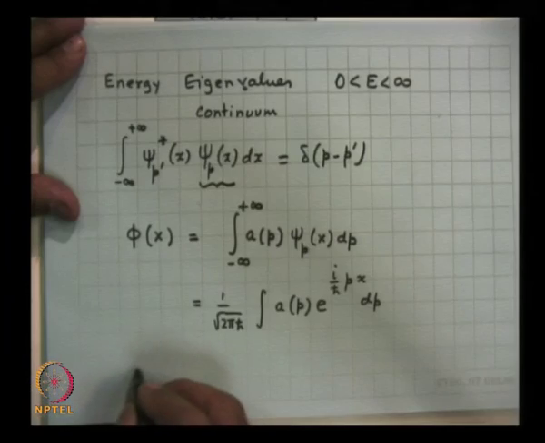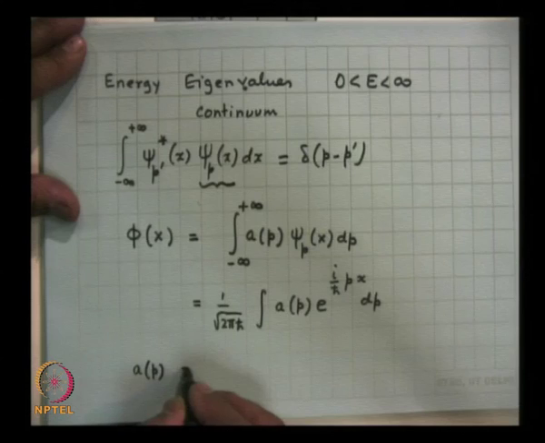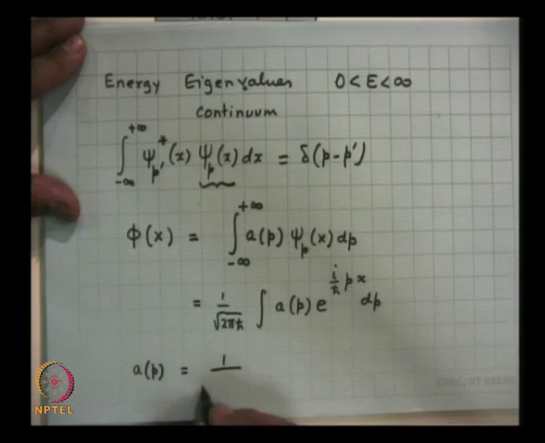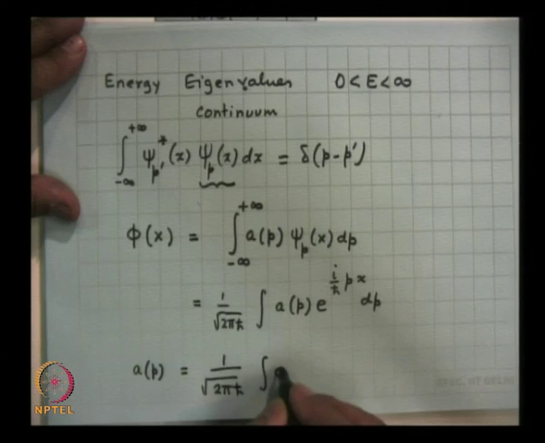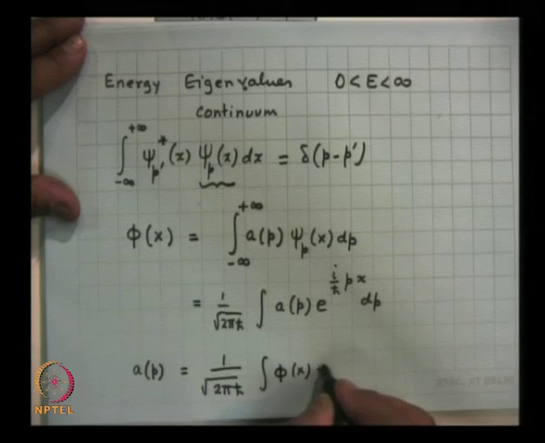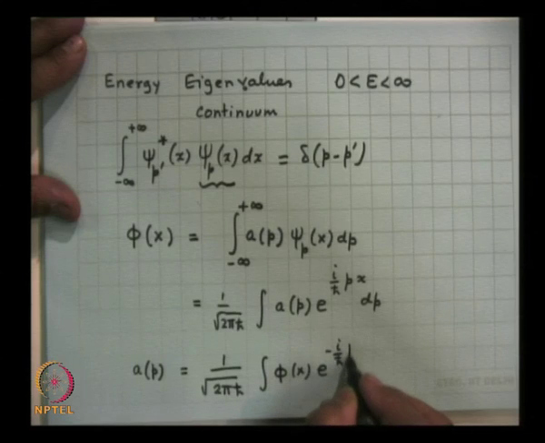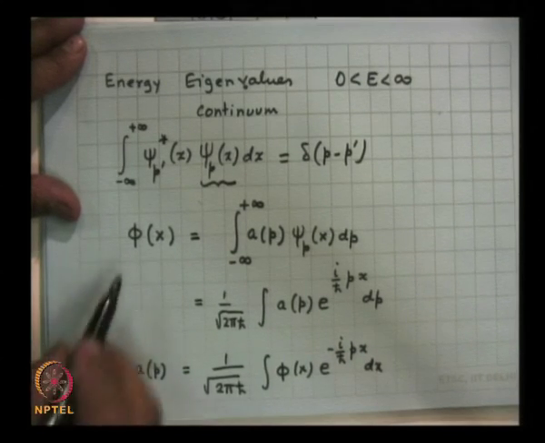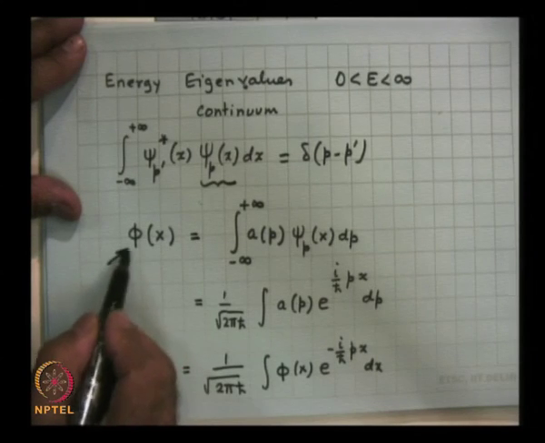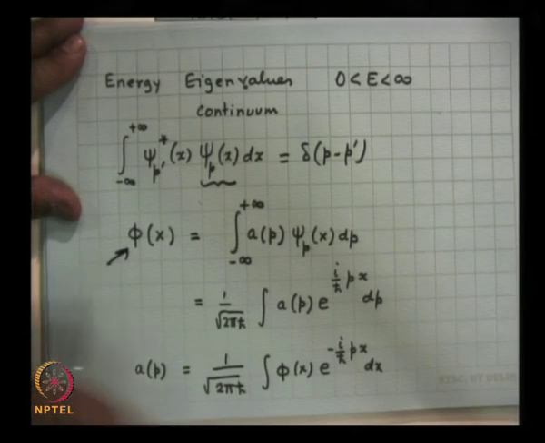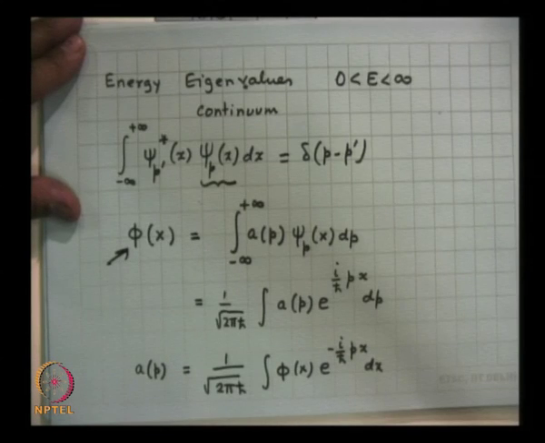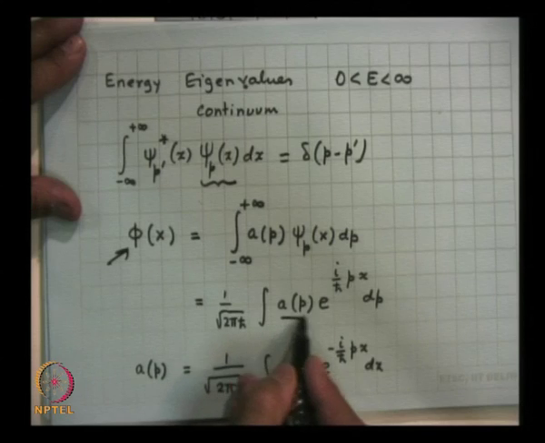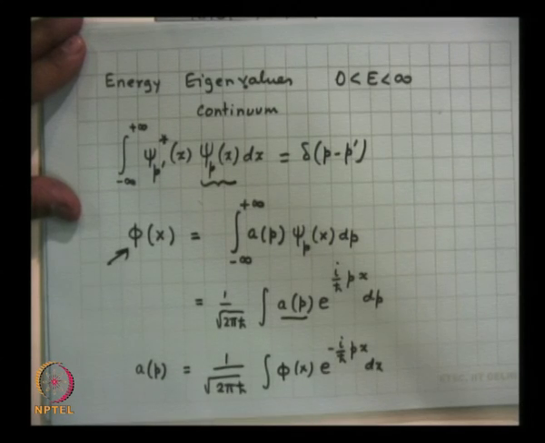And so, therefore, a of p is given by the inverse Fourier transform, which we had discussed in quite a bit of length. This will be phi of x e to the power of minus i by h cross p x dx. All limits are from minus infinity to plus infinity. So, for any well behaved function phi of x, I can always make this expansion, because I can always find a of p by carrying out the inverse Fourier transform.